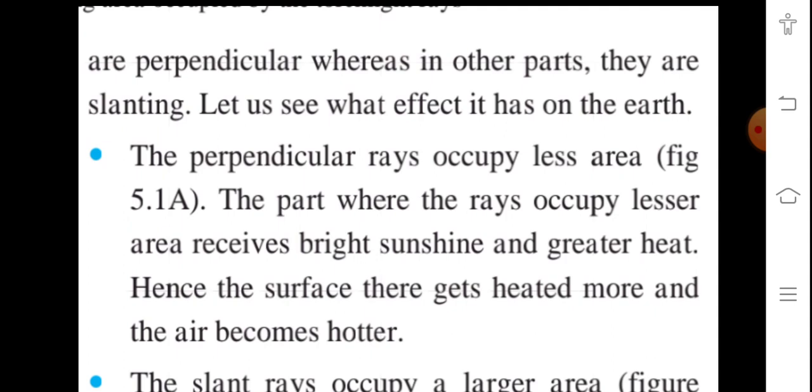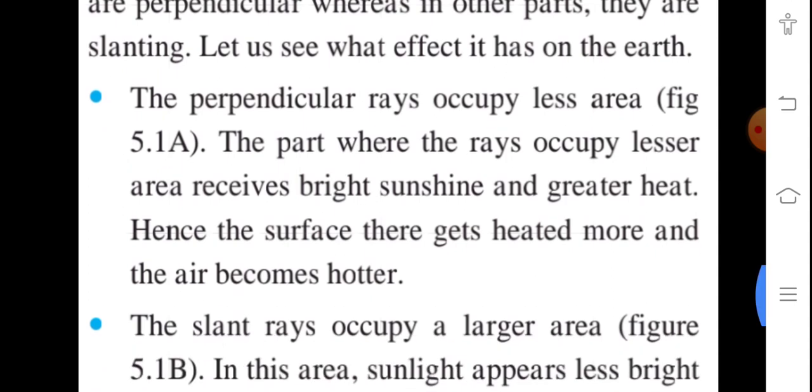Let us see what effect it has on the earth. Now we are going to learn what happens due to the perpendicular rays of the sun and due to the slanting rays of the sun.